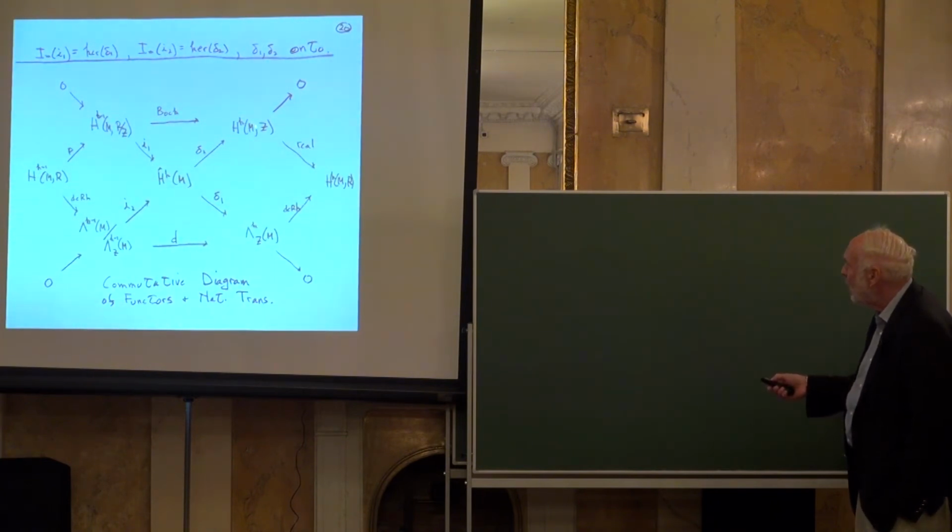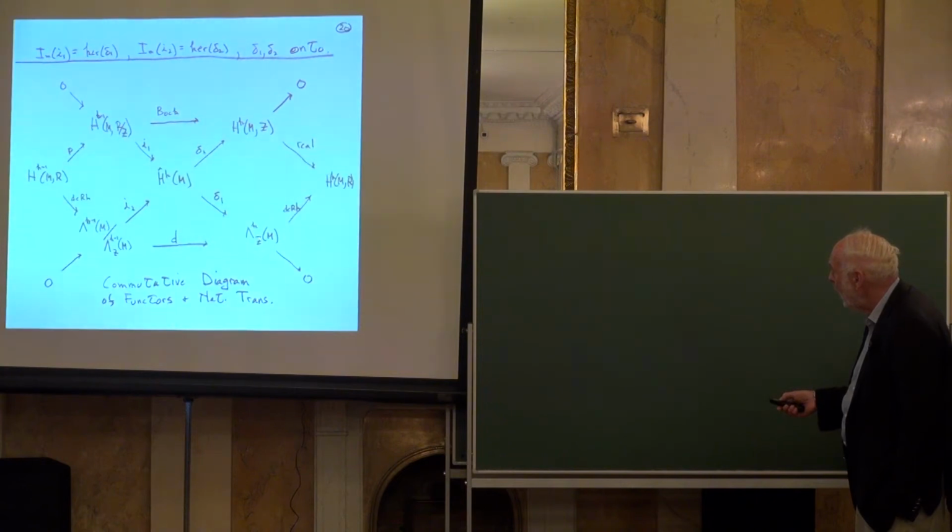We can map it into integral cohomology via that other thing, delta 2. Both of those go into the real cohomology. The integral cohomology goes into the real cohomology, and these forms with integral periods go into real cohomology. And this little diagram is commutative.